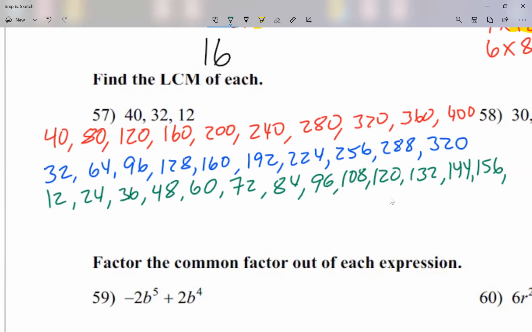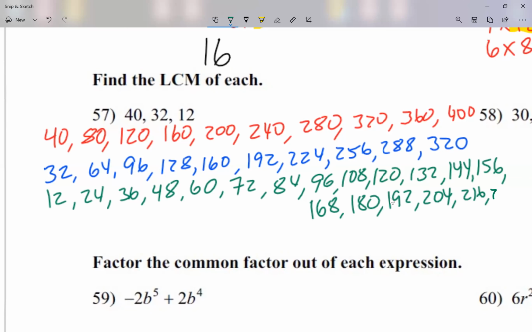After 156, I get 168, 180, 192, 204, 216, 228, 240. Okay, do I see a common multiple? No, not yet. Okay, so I guess I continue.